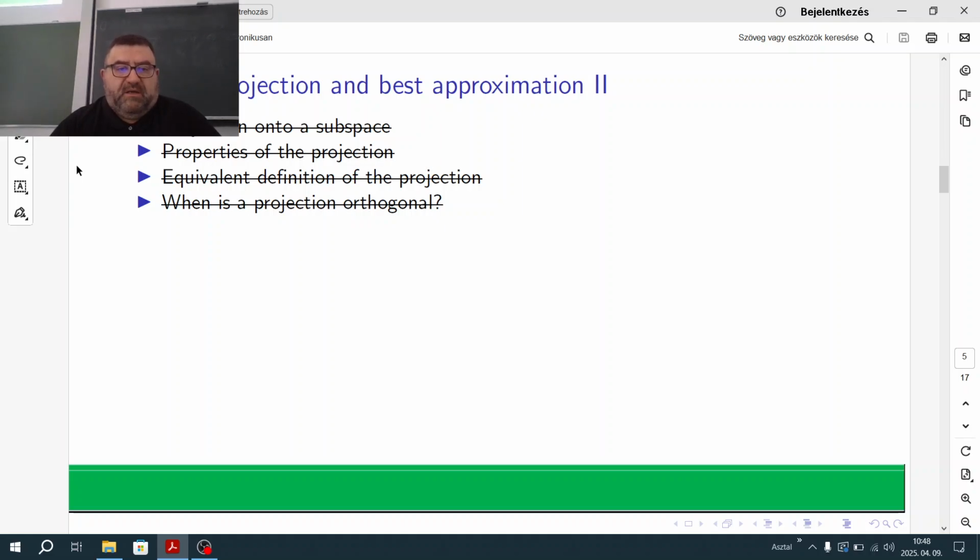When is a projection orthogonal? This is long, so I would need norms to explain it to you.